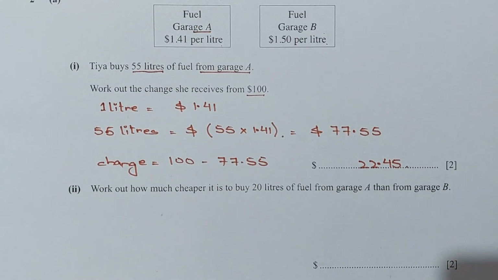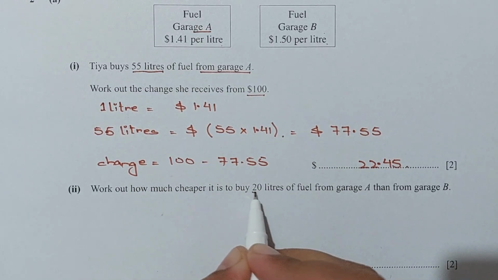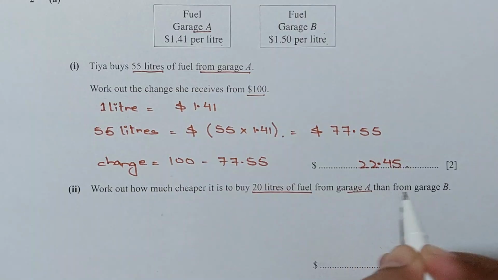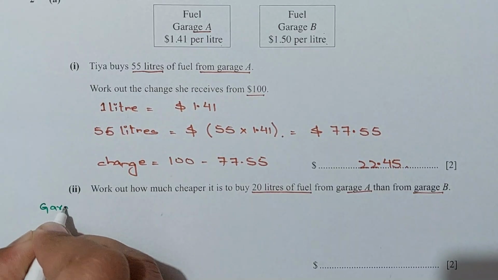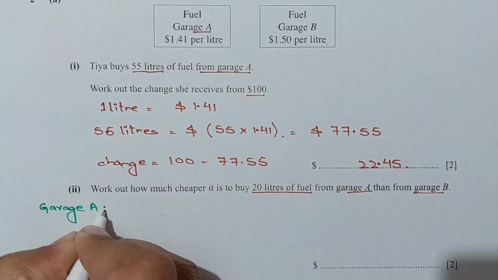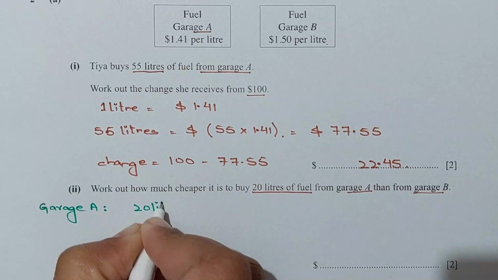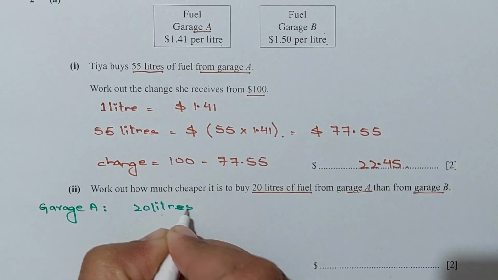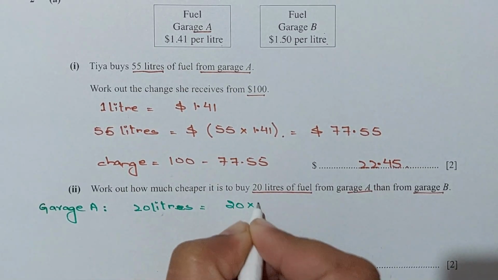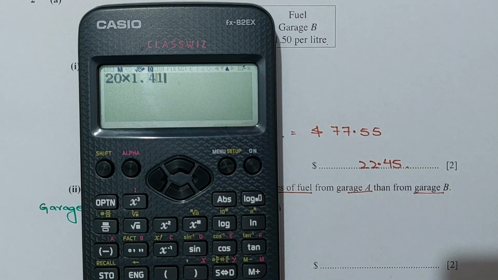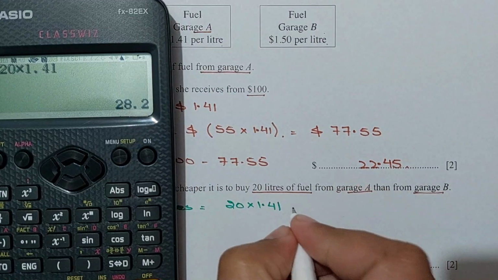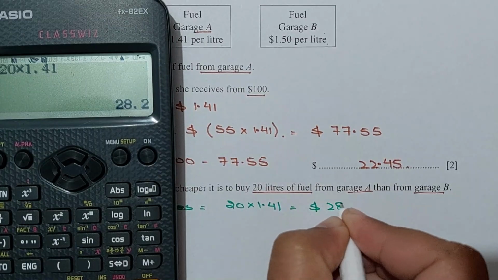Now for the second part, work out how much cheaper it is to buy 20 liters of fuel from garage A than from garage B. So find out 20 liters for garage A. So 20 liters is 20 times 1.41, this is 28.2 in dollars.